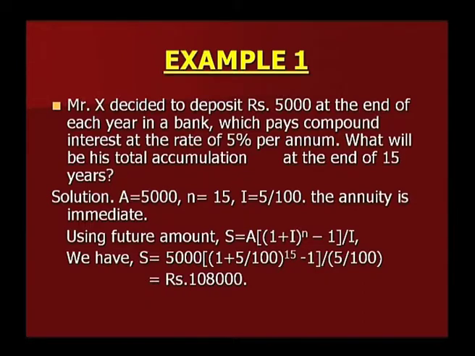Solution of this problem: A is equal to 5,000, n is equal to 15, I is equal to 5 upon 100.